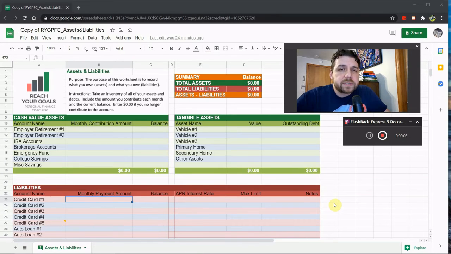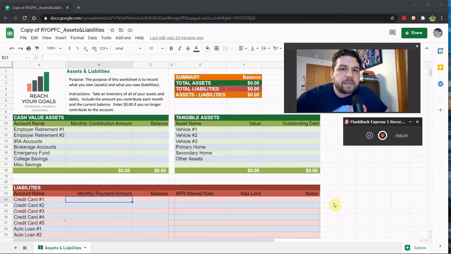So once we have all the numbers in, we can look at our totals, and we can look at our total amount of assets and our total amount of debts, and we can compare the two. So we take our assets and we subtract our liabilities, and the result that we get is our net worth. Now, when you're first starting out, maybe you haven't accumulated a lot of assets, or maybe you have a lot of debts first starting out.